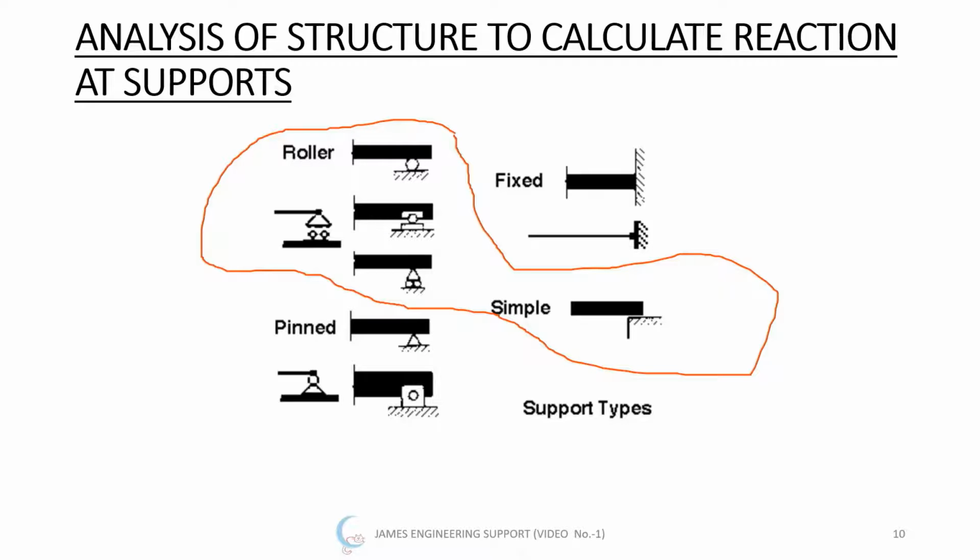Horizontally there is no restraint, so it will move in the horizontal direction, but vertically it will take some load. A pin is capable of taking vertical as well as horizontal force, and these are the three ways to show it in your problems. Another is fixed support, which we denote by this.